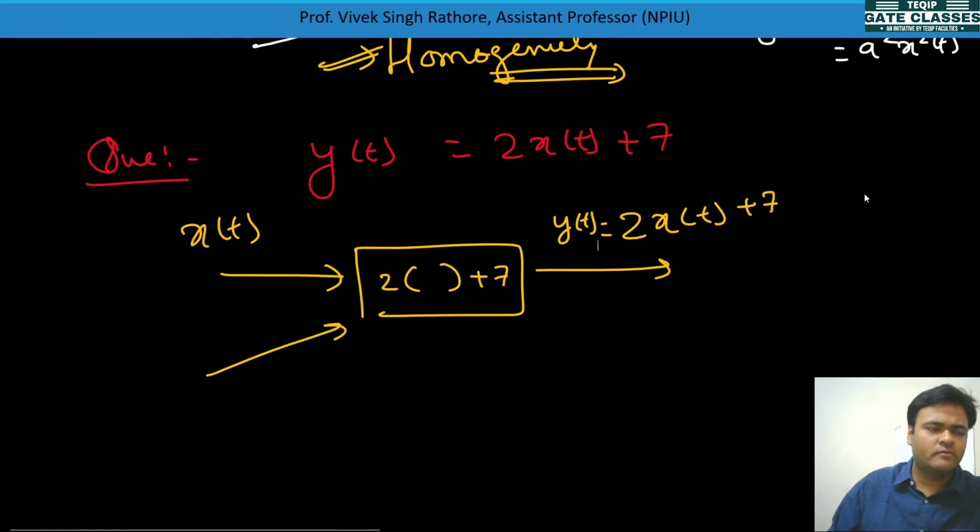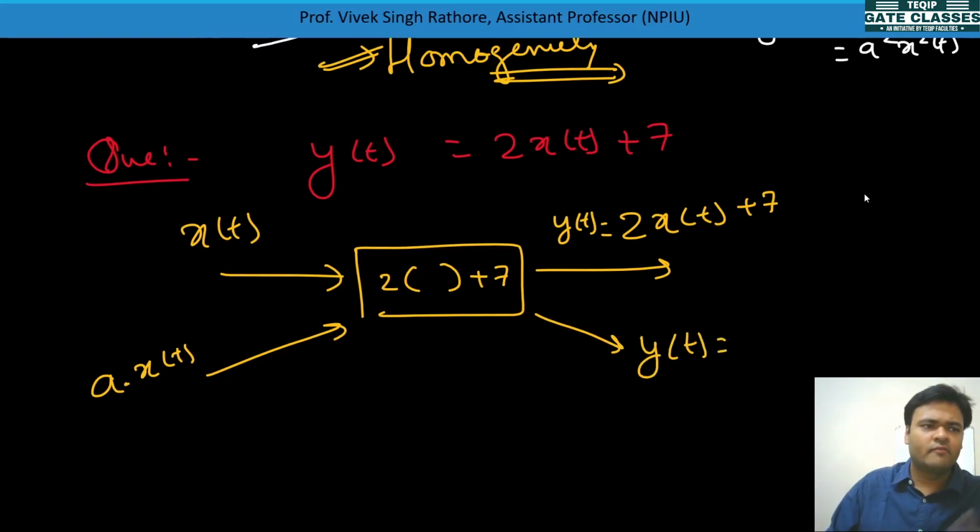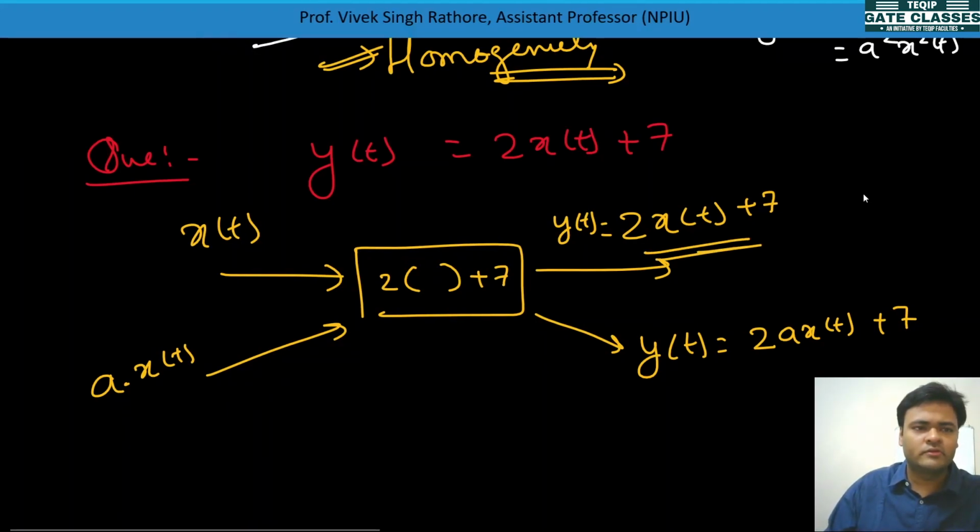Now if you multiply a with x(t), it will again multiply 2 with the input and just add 7.